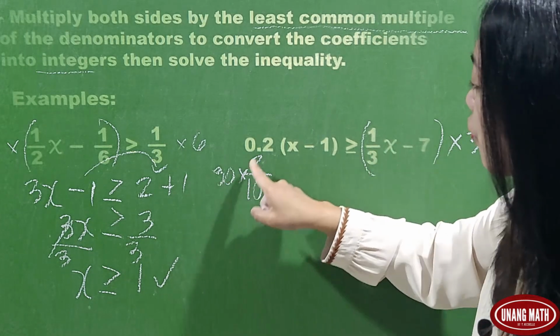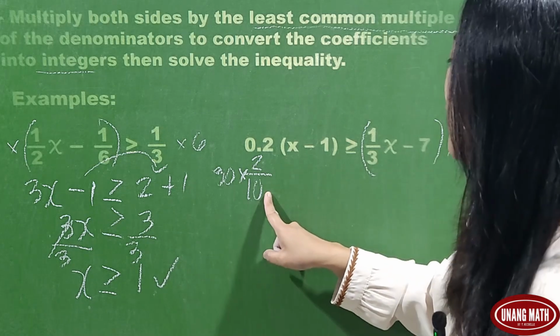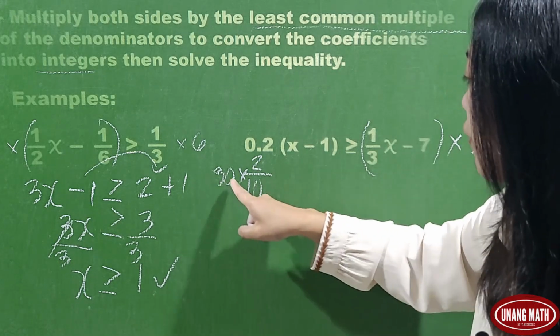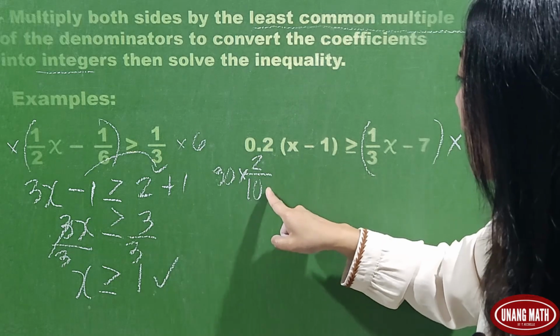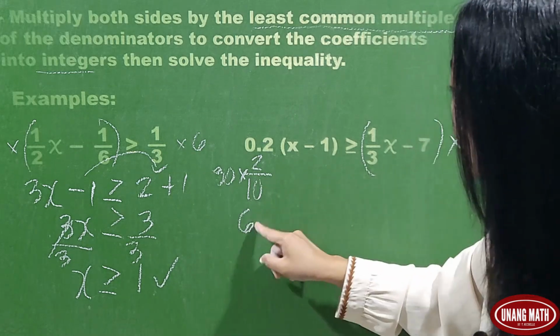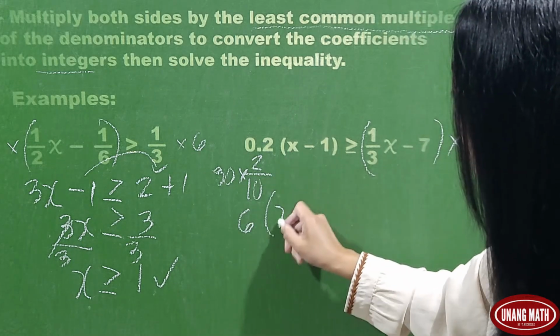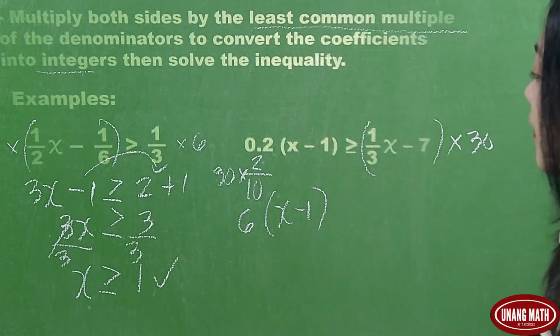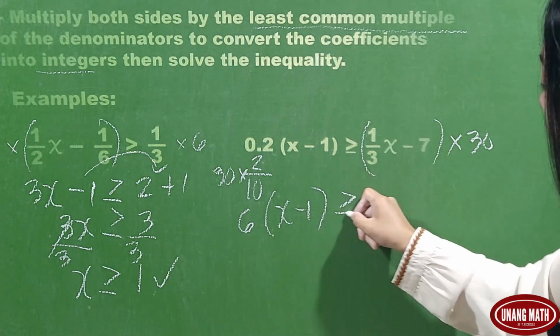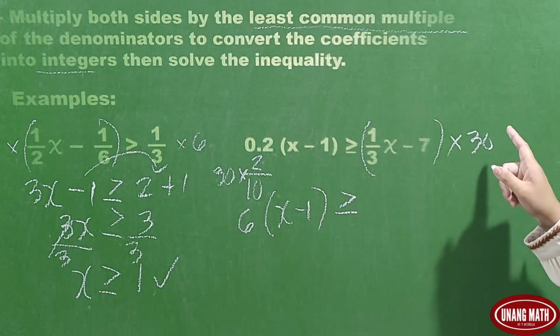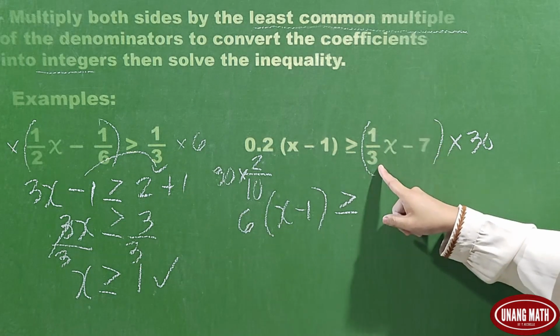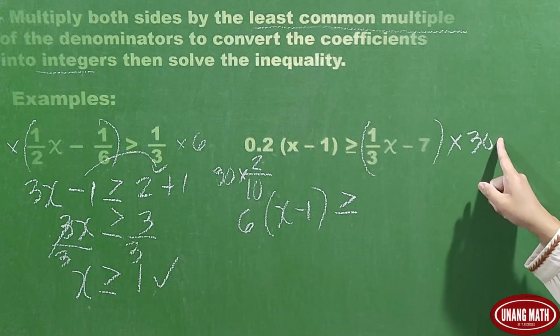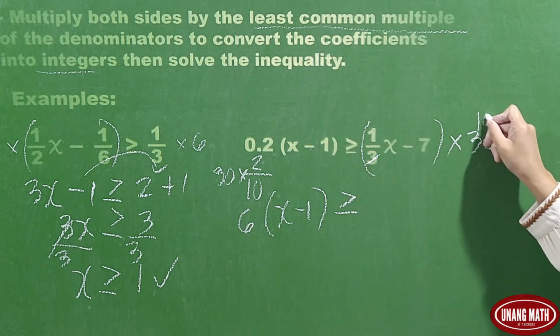30 times 2 over 10 is now equal to, 30 times 2 is 60, divided by 10 is 6. So 6 times this expression, x minus 1, inside the parentheses is greater than or equal to, if we simplify 1 over 3 times 30, then this becomes 10.